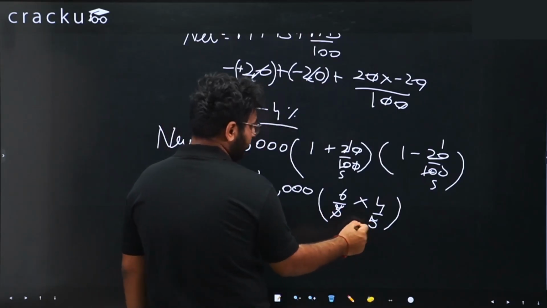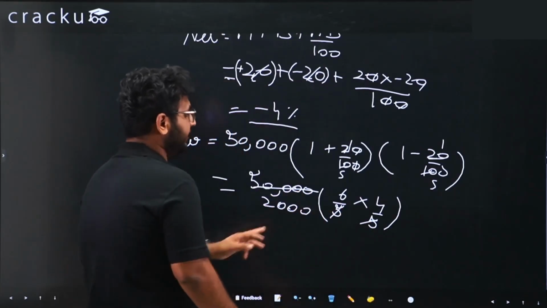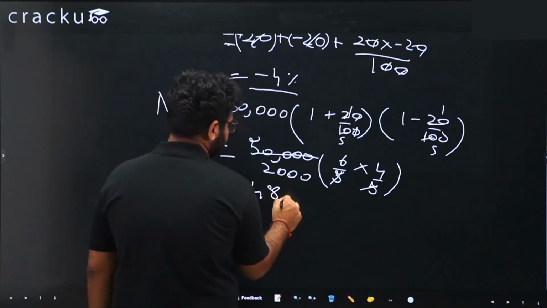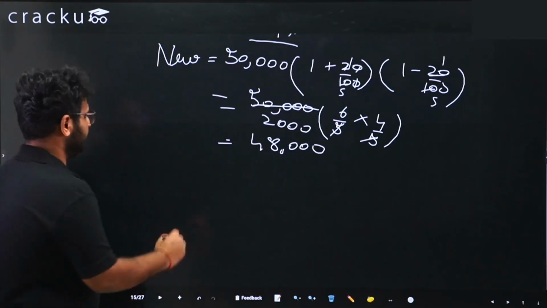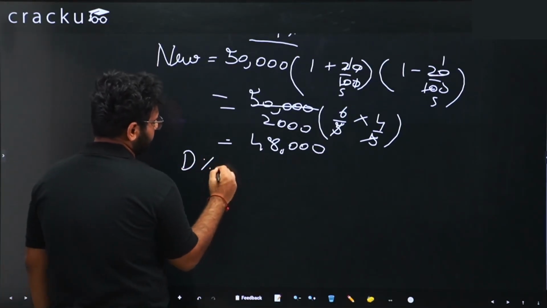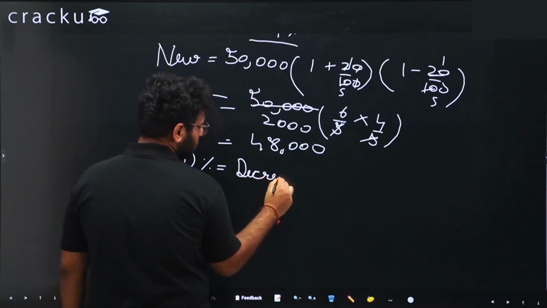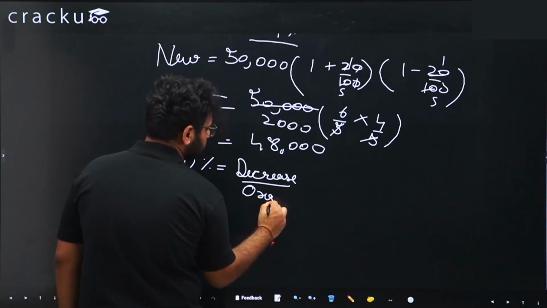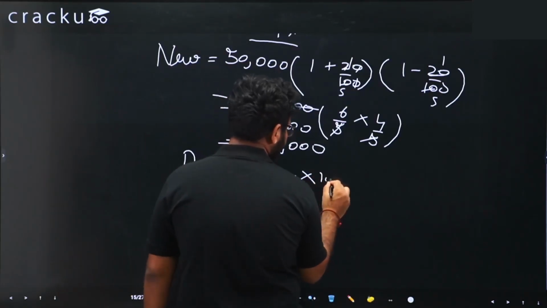So 25 into 2 is 50. So 2,000 into 24, which is equal to 48,000. So percentage decrease would be what? Decrease percent equals decrease upon original into 100.